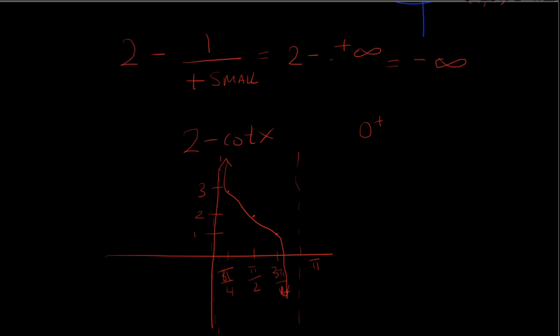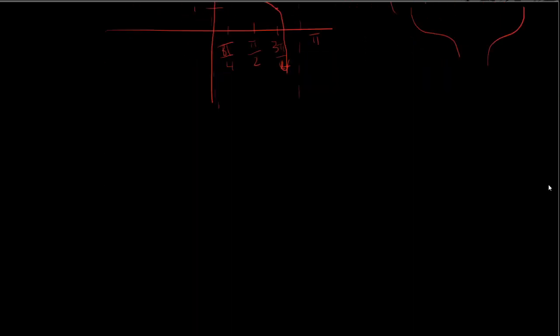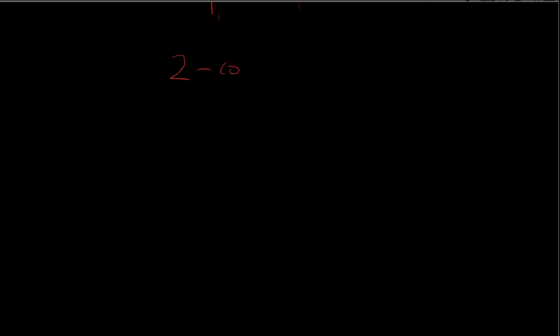And as you're going, let's see, that's not right. This is if it was 2 plus cotangent. So we need to go to the other direction. So this is tangent, and cotangent is the opposite direction. So negative cotangent, you flip it, so it kind of looks like tangent. So let's try this again. So we're going to go down here. Let's ignore that. We'll have 2 minus cotangent. So the asymptote was 0 and pi.